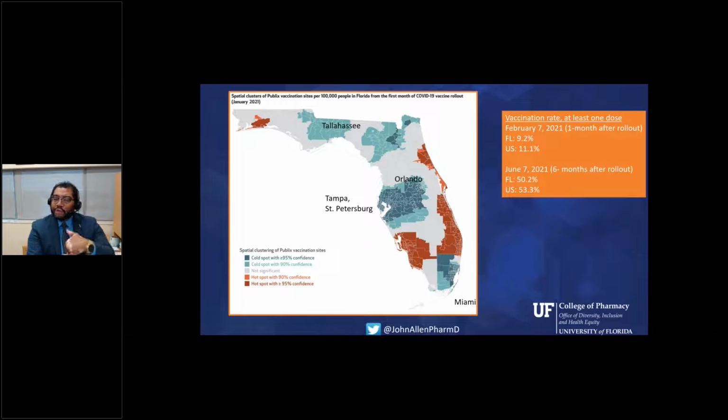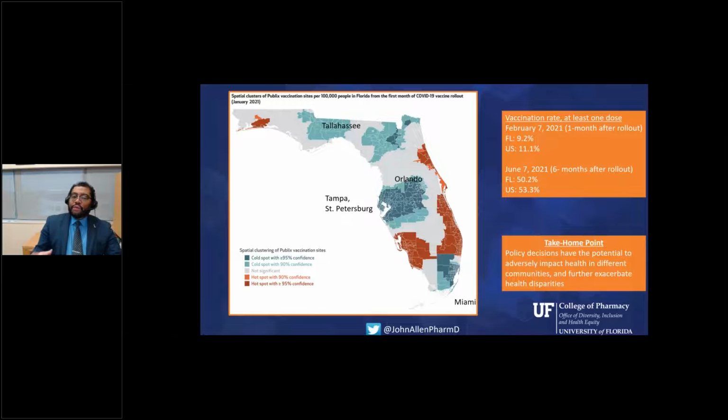Additionally, those vaccination rate differences persisted even 6 months after rollout. And so largely, I'll say that policy decisions, the decision to only use Publixes and only a small minority of Publix stores, added to potentially exacerbating health disparities, particularly as providers.